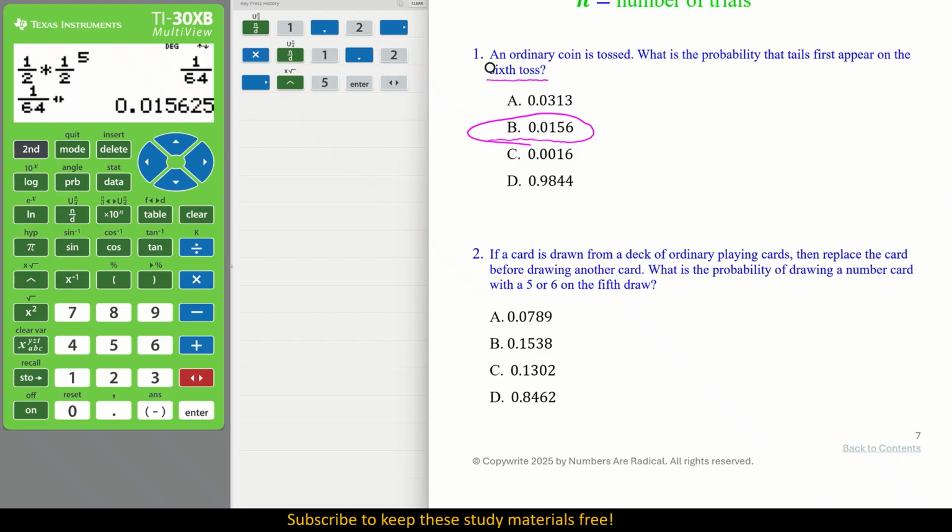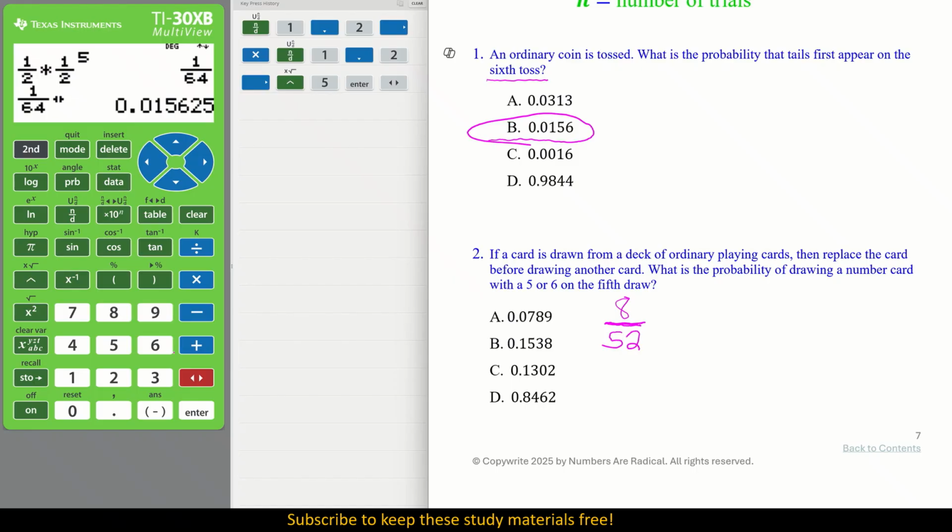Okay, so what are we looking at here? So we have a probability. Okay, first we need our probability of success. Well, there are 52 cards in a deck. How many fives are there? There are 4. How many sixes are there? There are 4. So that means we're looking for a success of 8 out of 52.